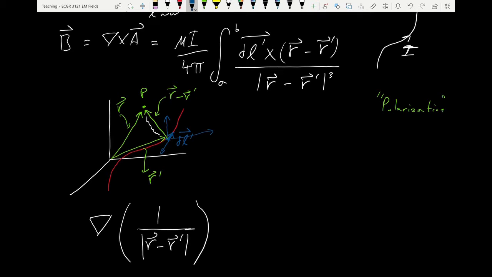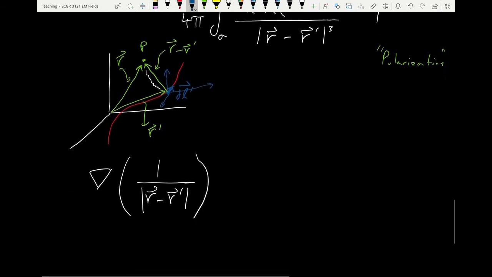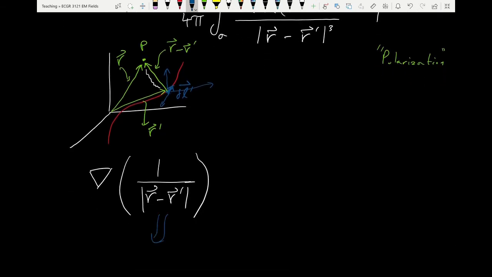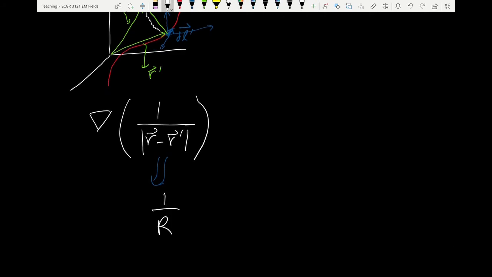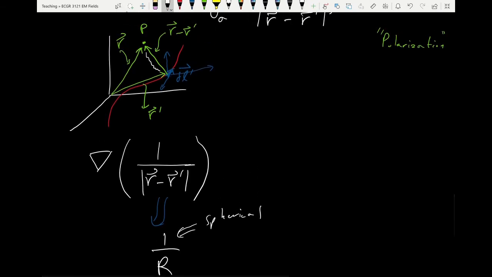I'm trying to find the gradient of the scalar field with respect to that coordinate system. With respect to that coordinate system, this scalar function is just 1 over r, assuming spherical coordinates. It's just a scalar field that represents the distance from that point of the displacement on the filament. What's the gradient of 1 over r?